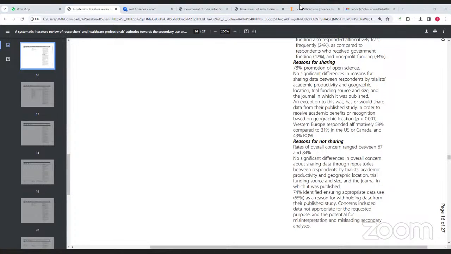I had planned to teach Cohen's d today, but I spent a lot of time reading the article, so next time I will discuss Cohen's d, that is, how to study the effect size. That is a different type of article.